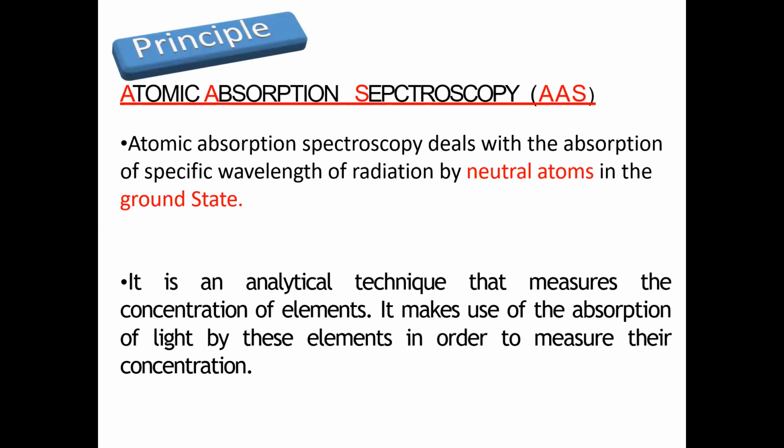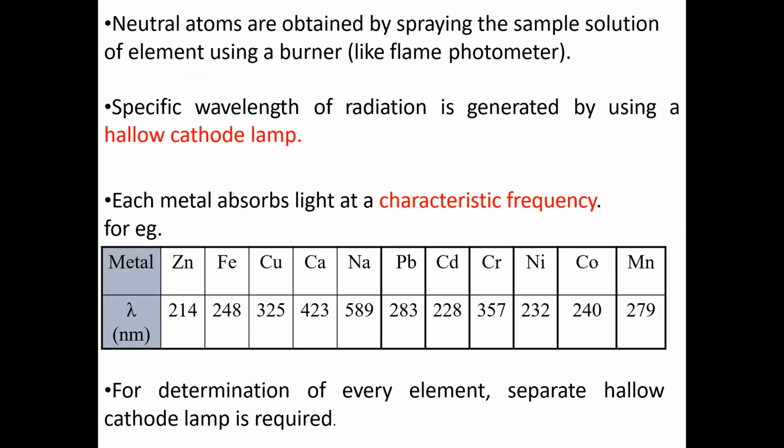It deals with the absorption of a specific wavelength of radiation by the neutral atoms in the ground state. It's an analytical technique which measures the concentration of elements, making use of the absorption of light by these elements in order to measure their concentration.